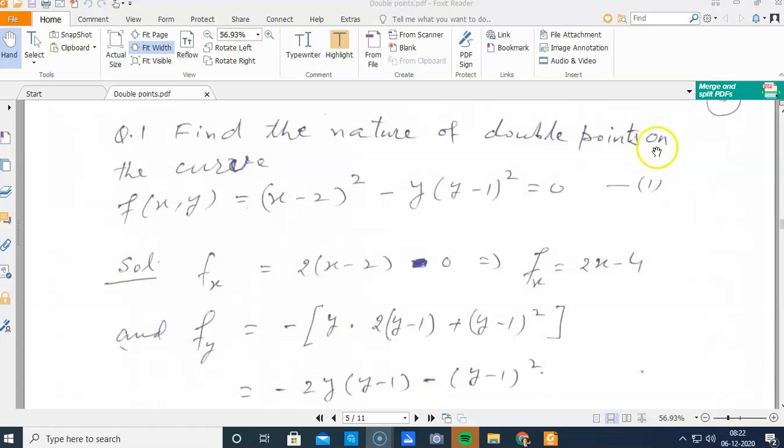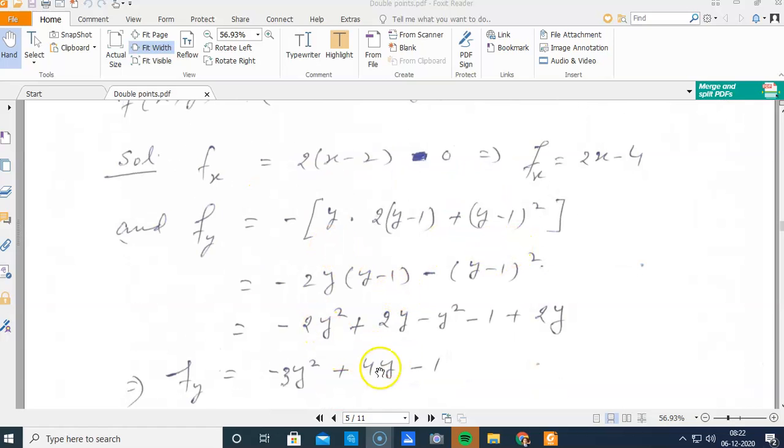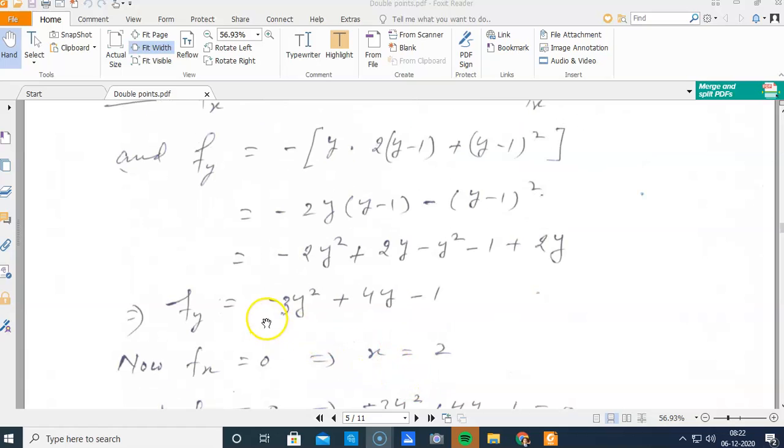Find the nature of the double points on the curve. This is the given equation of the curve. If we find fx, it will be 2x minus 4, and fy, differentiating with respect to y keeping x constant, after the calculation we reach minus 3y square plus 4y minus 1.